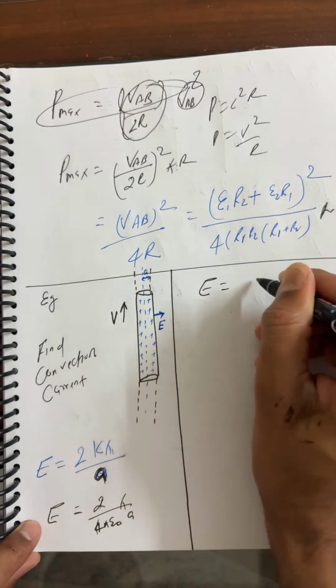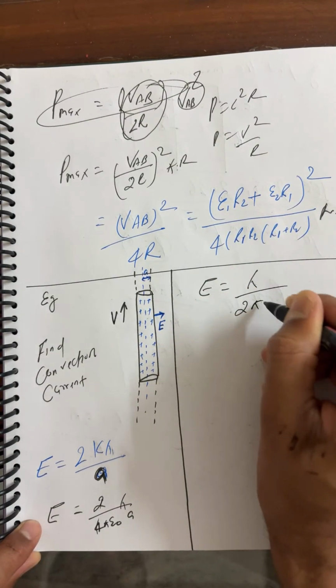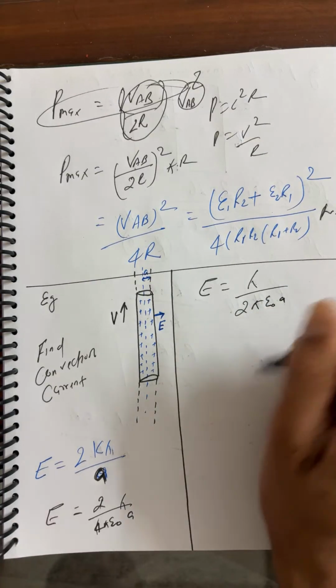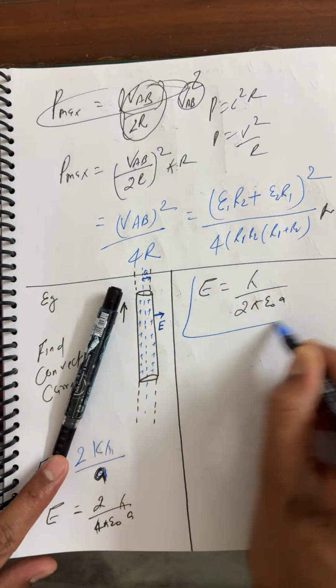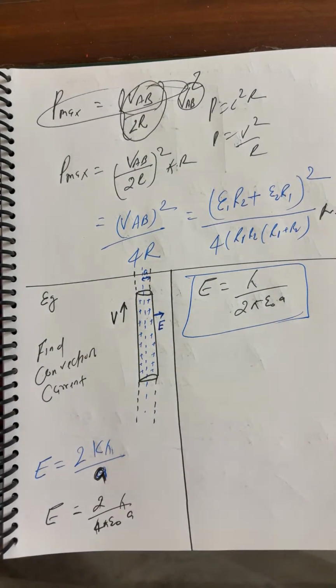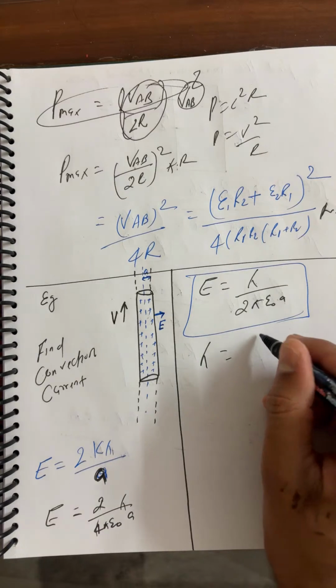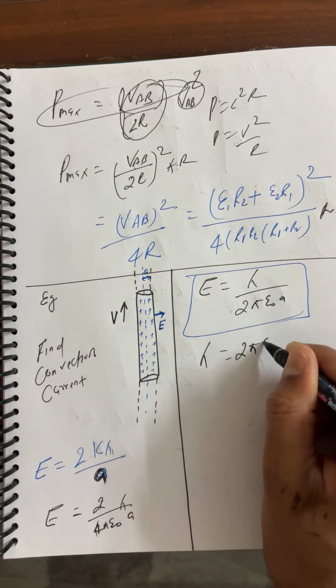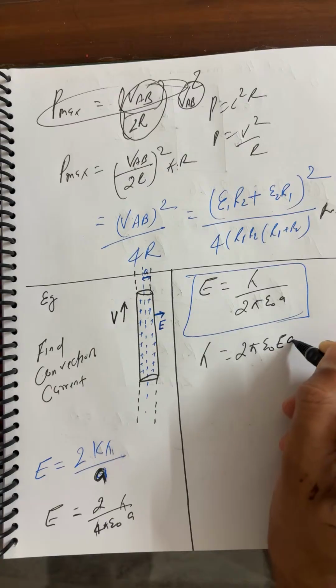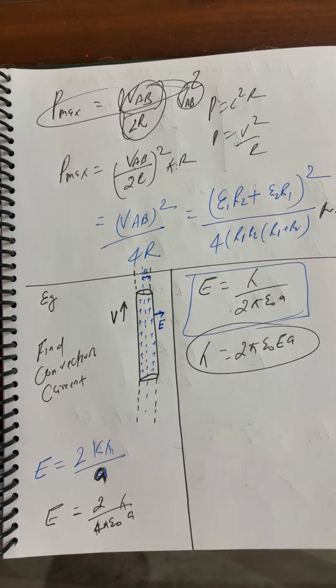So electric field you can write as lambda upon 2 pi epsilon naught into A. So lambda, from its linear charge density, is 2 pi epsilon naught E into A.